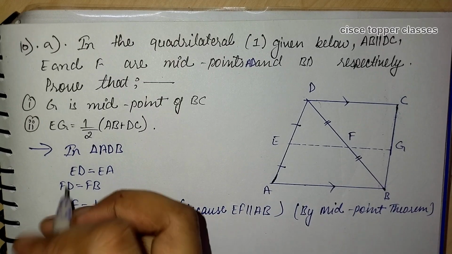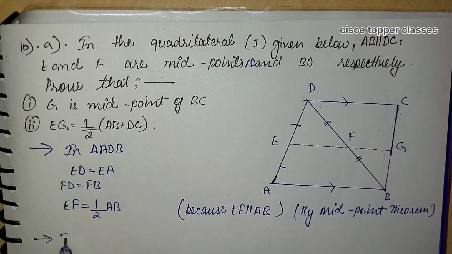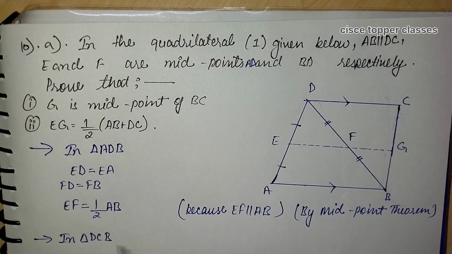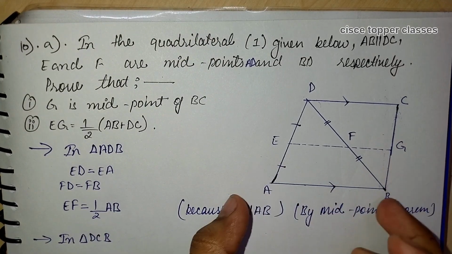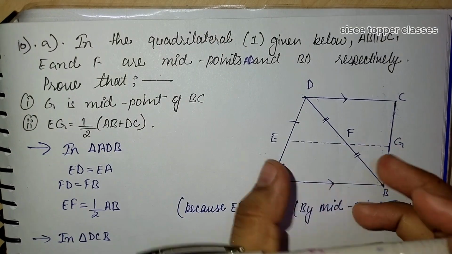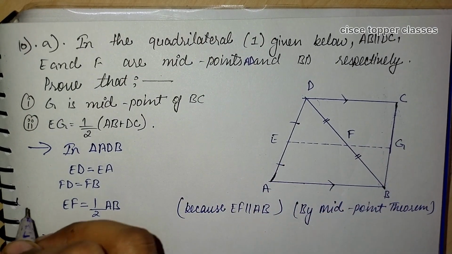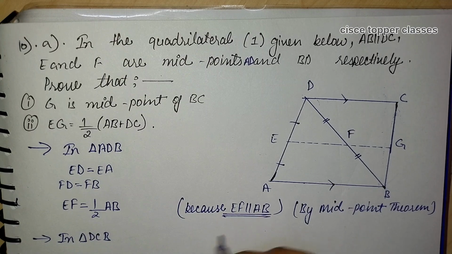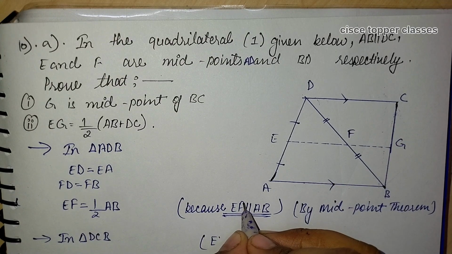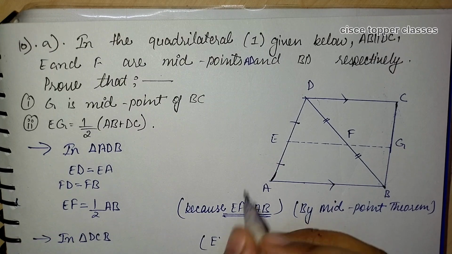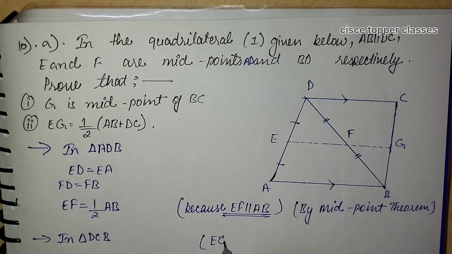Now again, this was in triangle ADB. Now we can consider triangle DCB, as it is given that AB is parallel to DC. Because EF is parallel to AB, we can say that EG is parallel to DC.